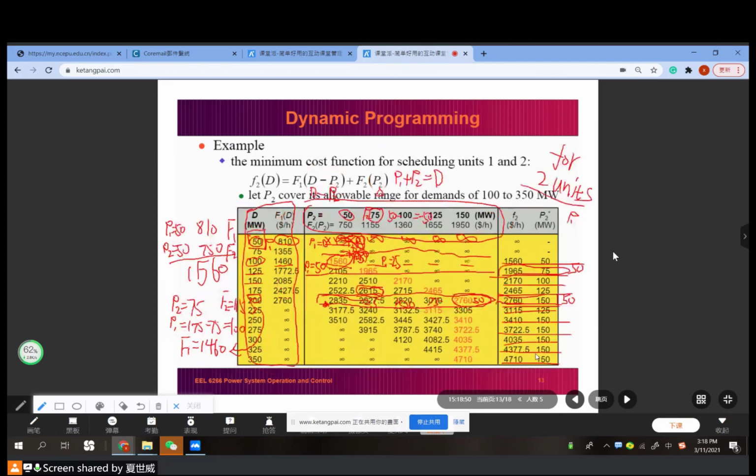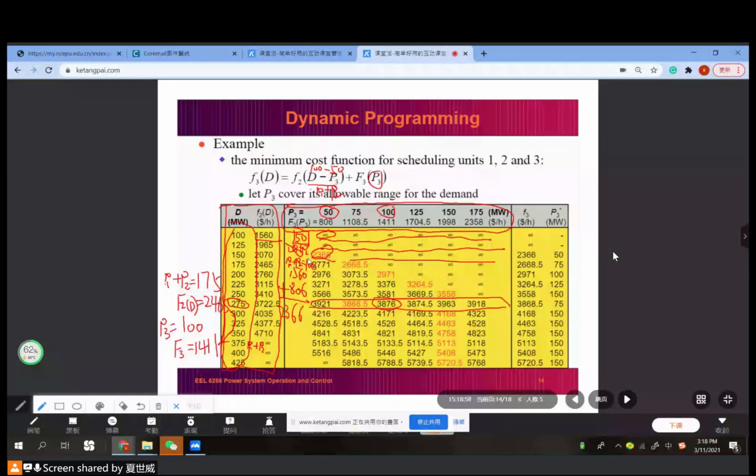In a very similar way, we want to find the best solution to serve a total load. Based on this rule, what's the meaning of each row? This row means that you have to support a load of 200, and you have different options.